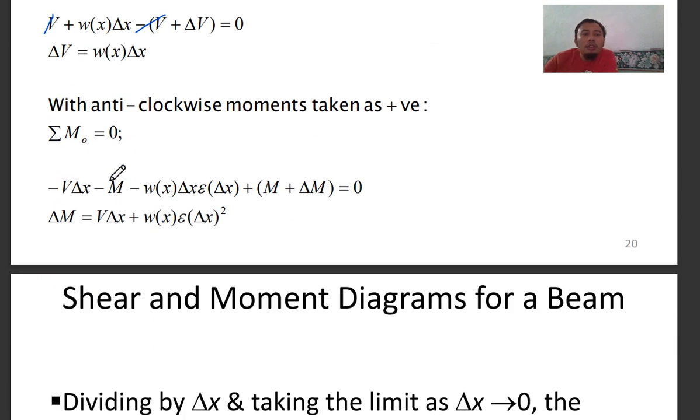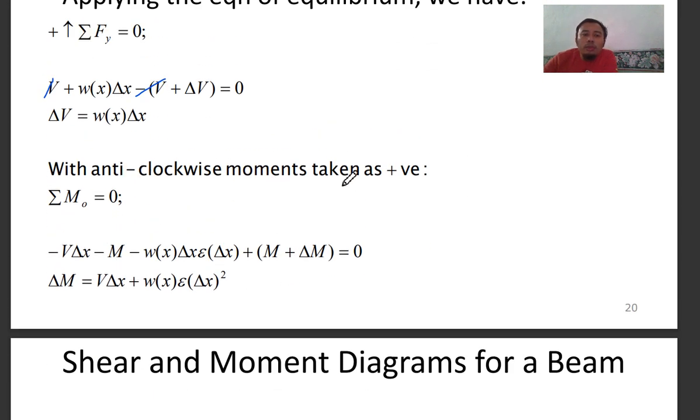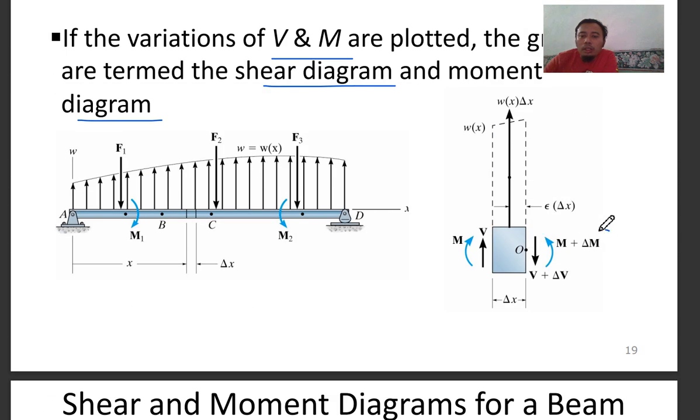We take anti-clockwise moments as positive. Summation of moment at O is equal to 0. So the moment there is negative V times the distance x, minus the moment in the section, then minus the moment from the distributed load, and then the load on the other side.